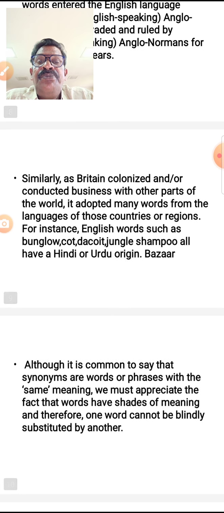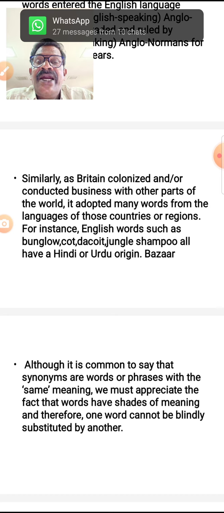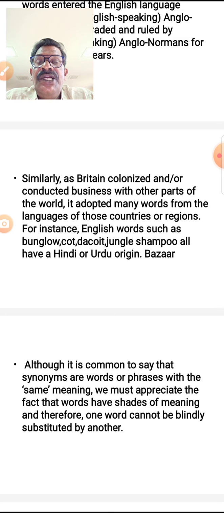Similarly, as Britain colonized and conducted business with other parts of the world, it adopted many words from the languages of those countries or regions.